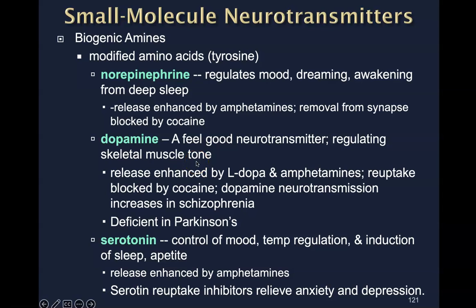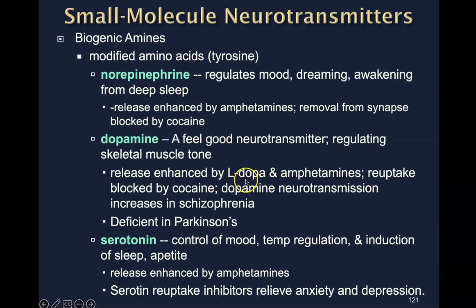And so in things like Parkinson's disease, a neurodegenerative condition, you're actually deficient in dopamine and these dopamine receptors. And what ends up happening is you start to see some of those issues with skeletal muscle tone. People end up having tremors and aren't able to maintain their skeletal muscle tone.